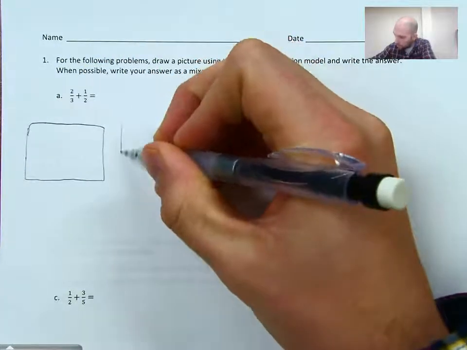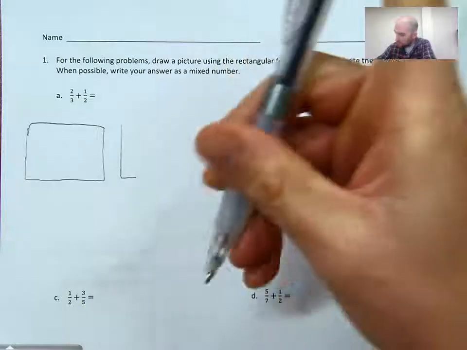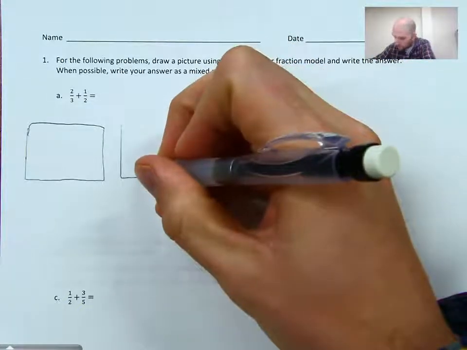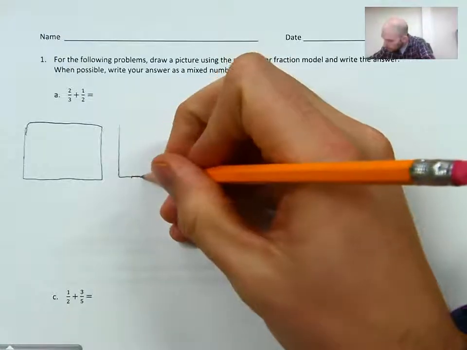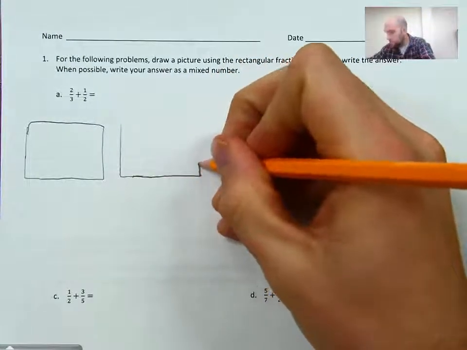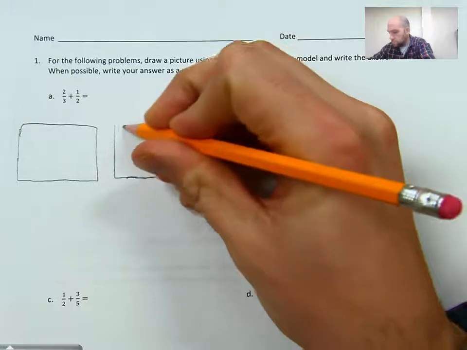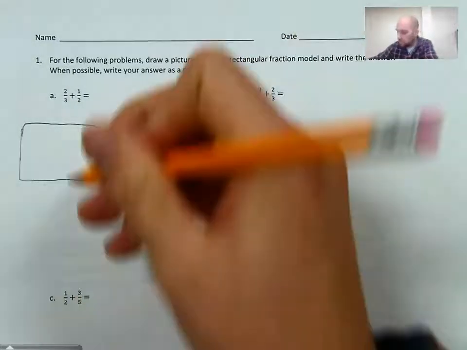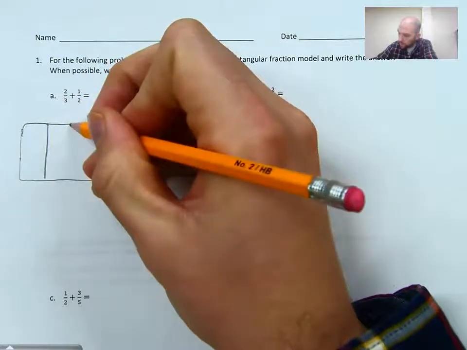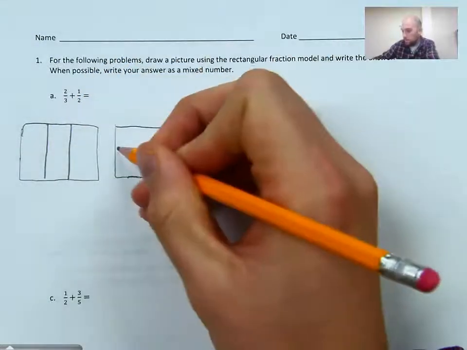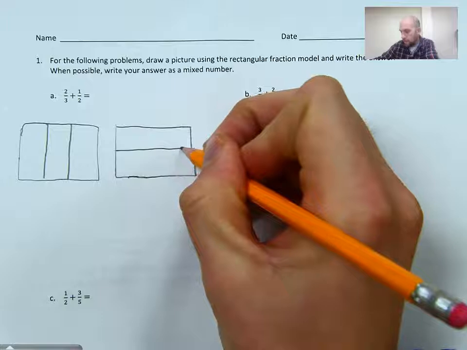Try to draw them about the same size. In our first rectangle, we'll split into thirds. So 2 vertical lines. In our second rectangle, we'll split into halves.